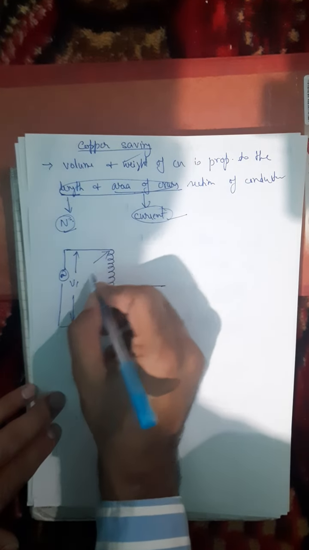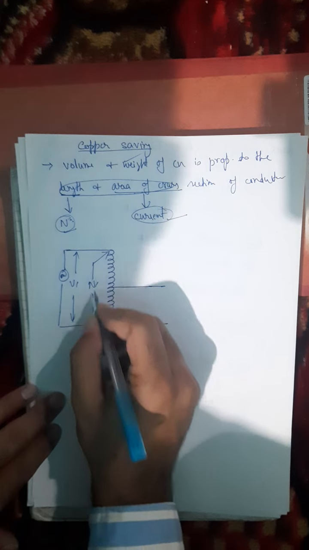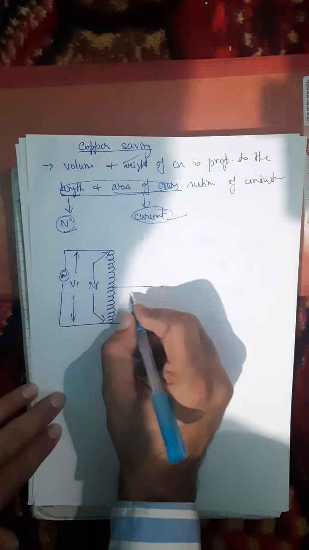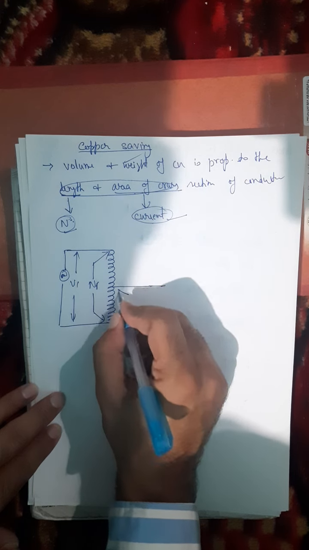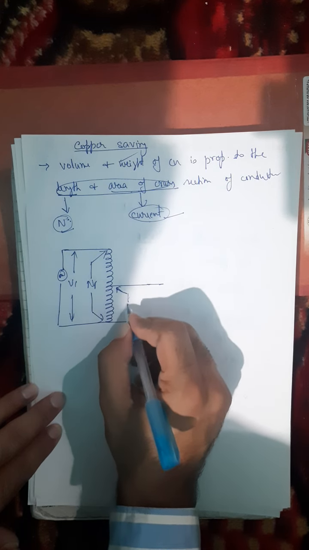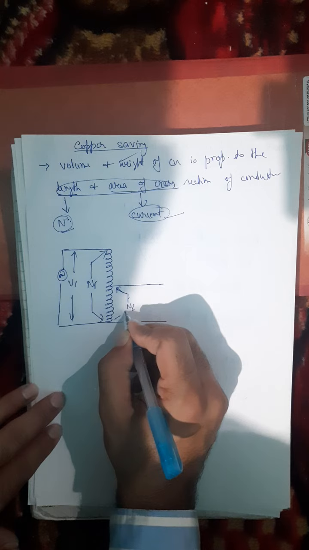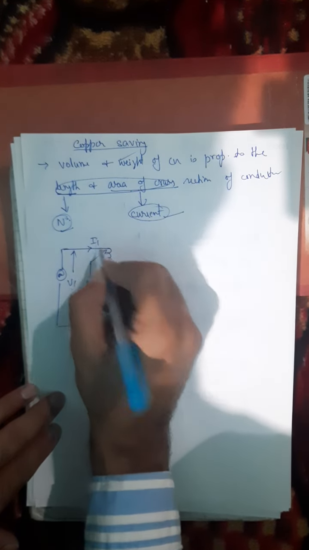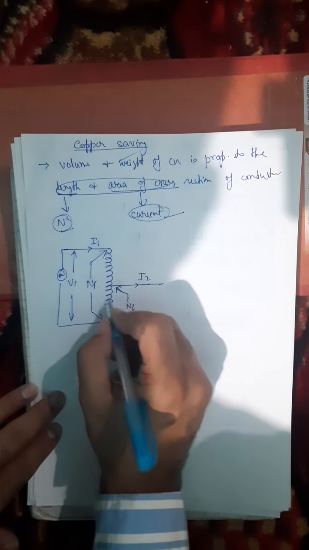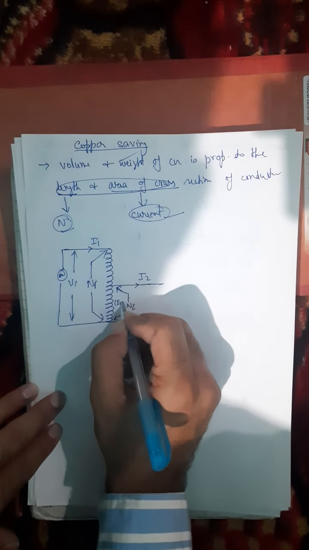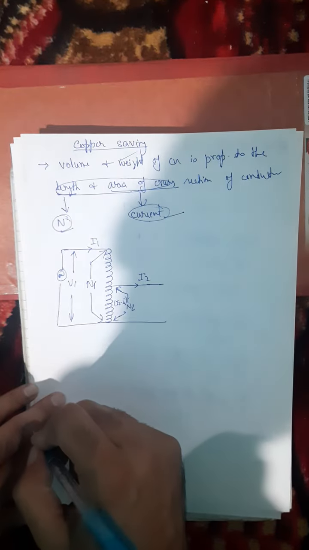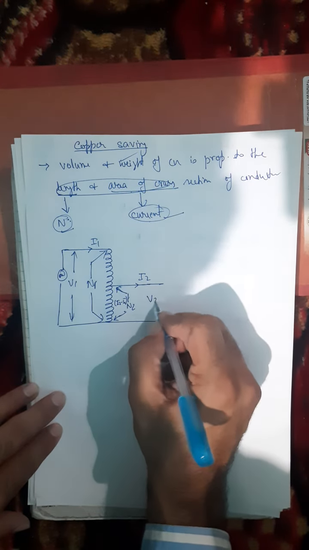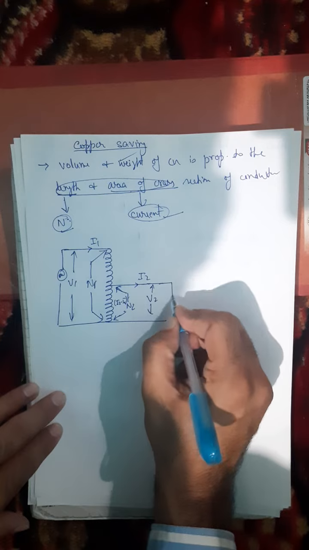Number of turns here are N1. Here the number of turns are N2. The current here is I1, the current here is I2, and in this section the current is I2 minus I1. Okay, and here the voltage is V2. I have a load here.